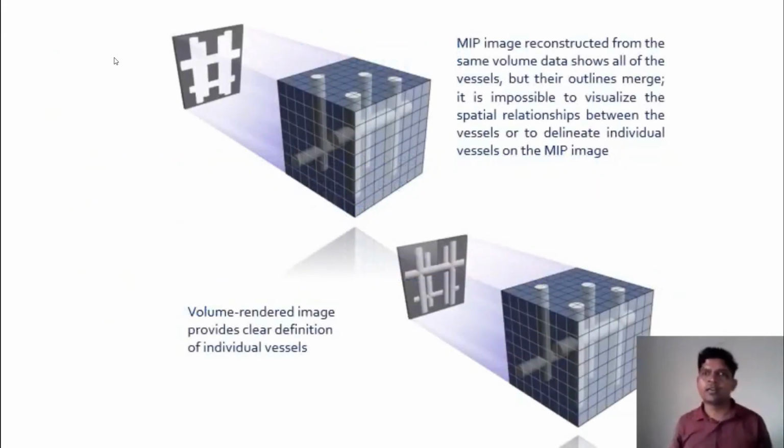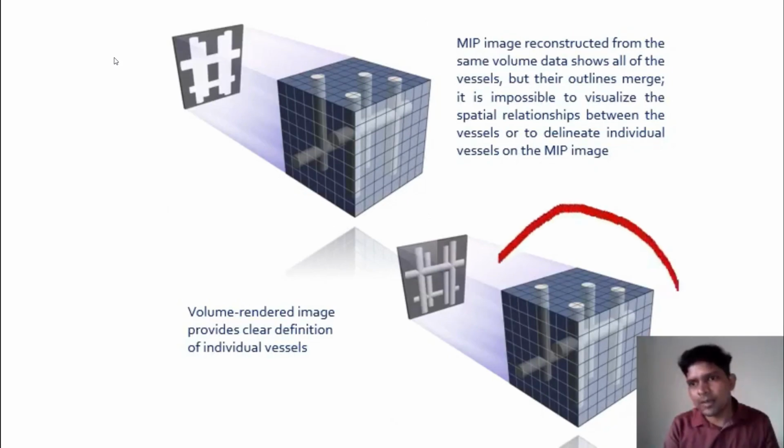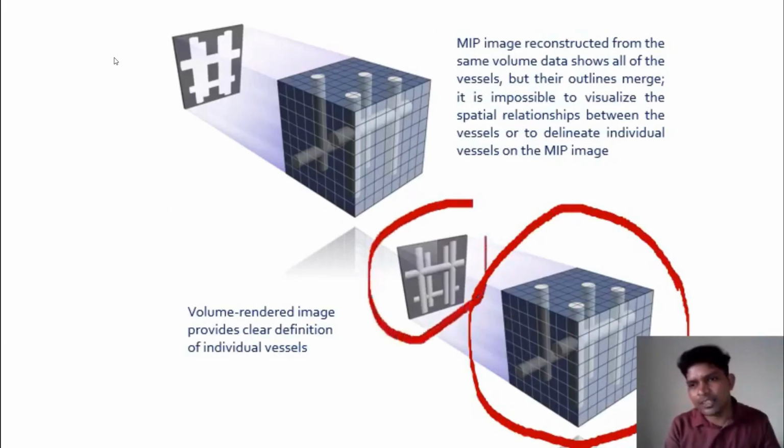You can see here how the MIP image is reconstructed from the same volume data and shows all of the vessels. Due to this, the individual vessels will be differentiated. That is the best feature in VR.